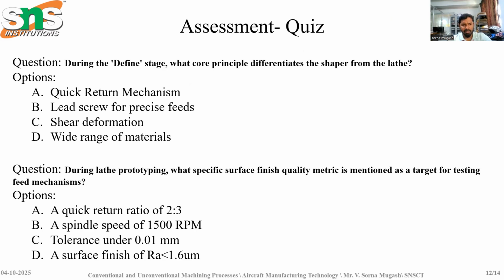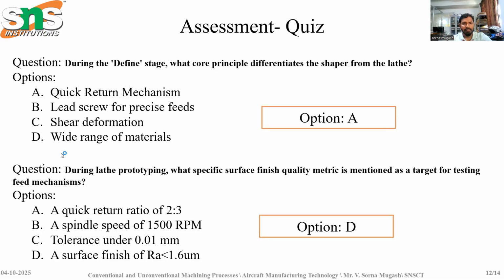And the second question is, during lathe prototyping, what specific surface finish quality metric is mentioned as targeted for testing feed mechanisms? The answer is option D, surface finish.